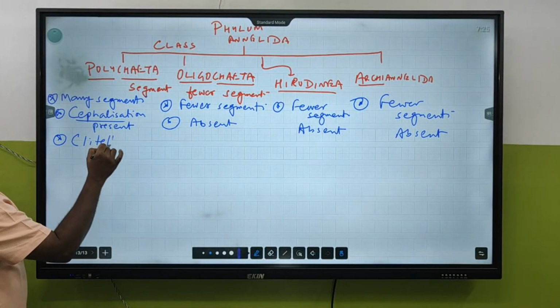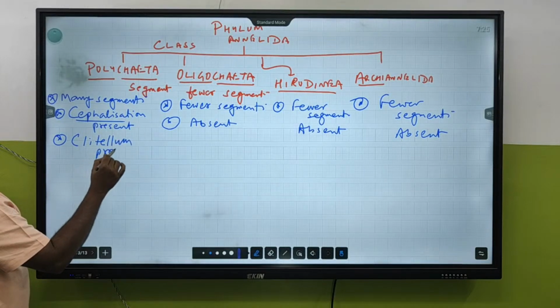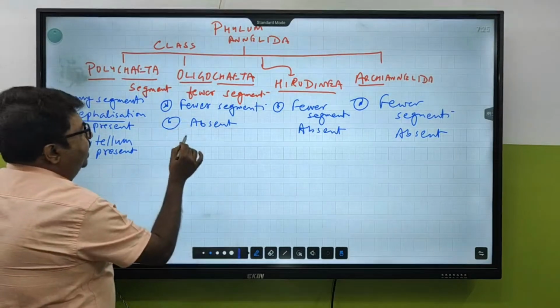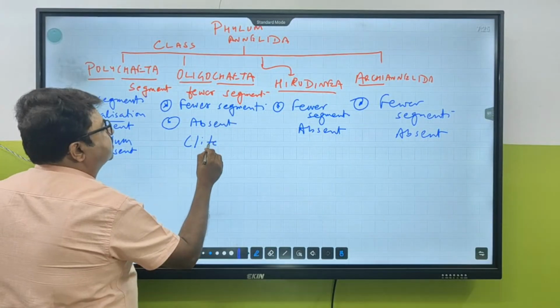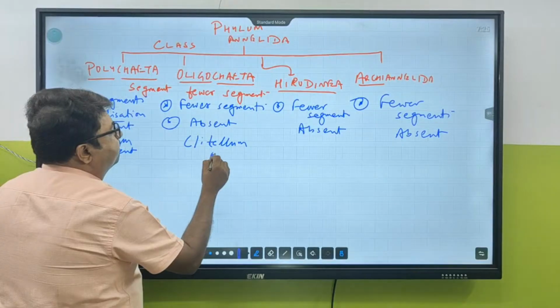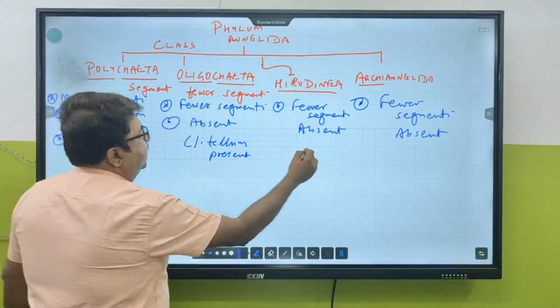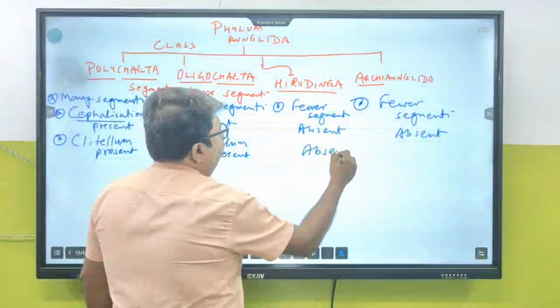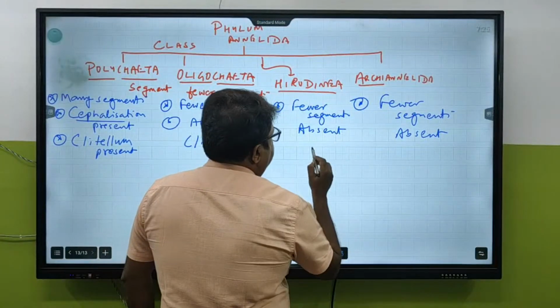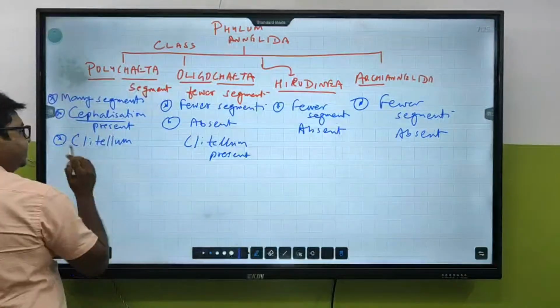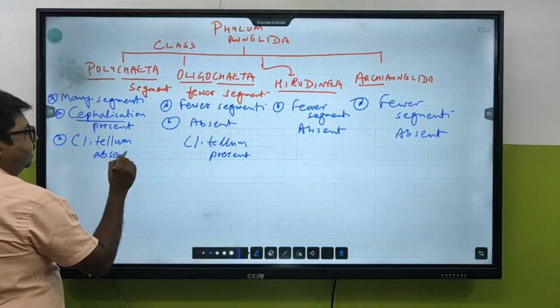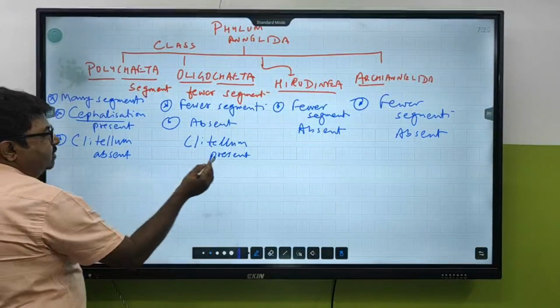What about clitellum? Clitellum is present. Over here also clitellum present. Clitellum present. It is absent in Polychaeta. Sorry, clitellum absent, clitellum present.